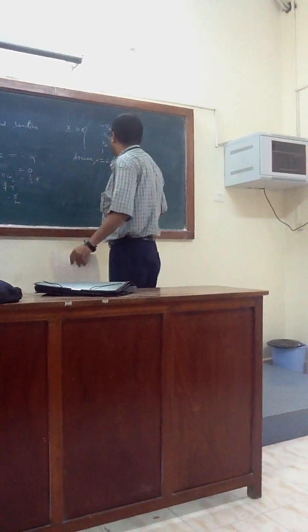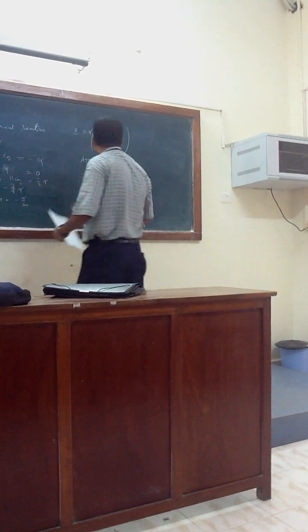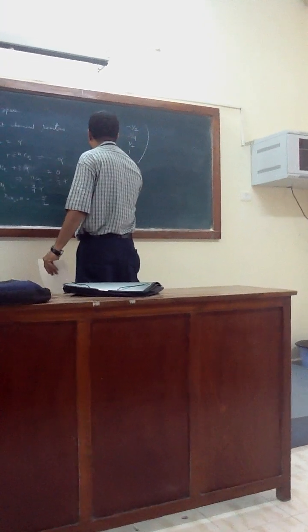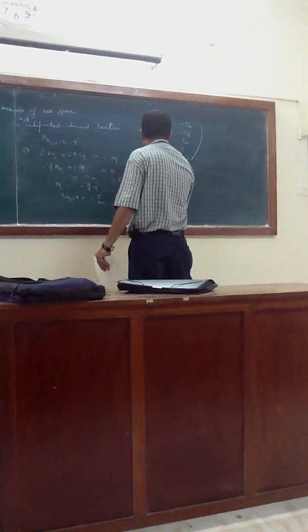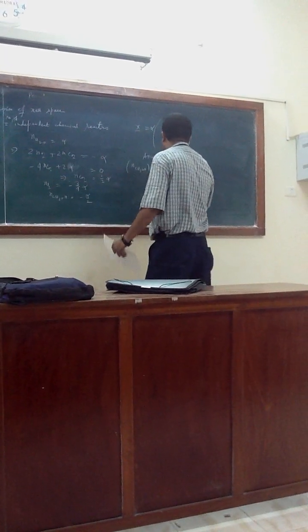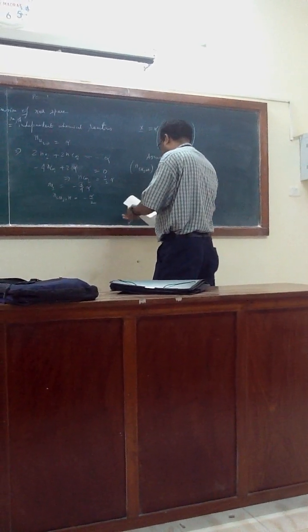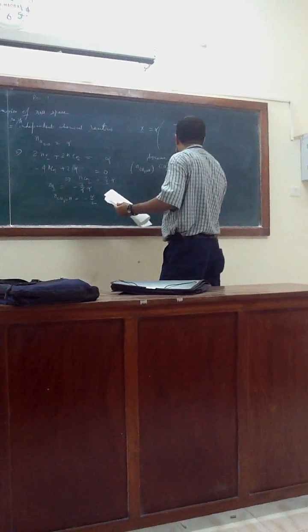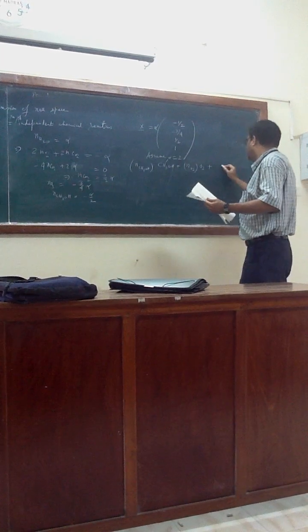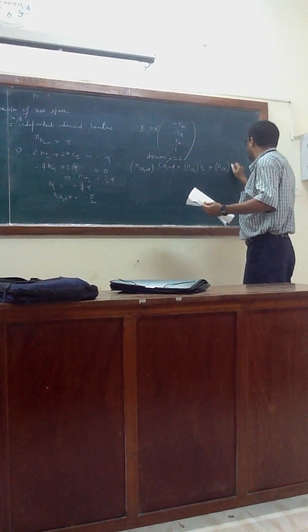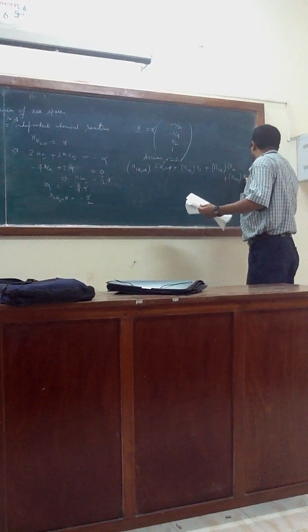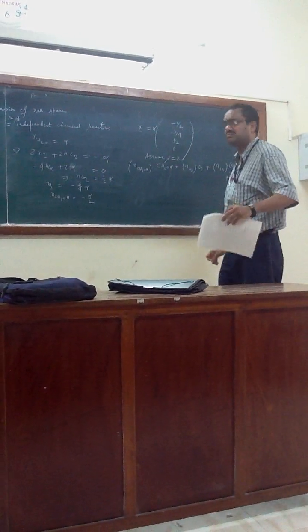So what do you get from here? My reaction mechanism is: NCH3OH, CH3OH, plus NO2, O2, plus NCO2, CO2, plus NH2O, H2O equals 0.